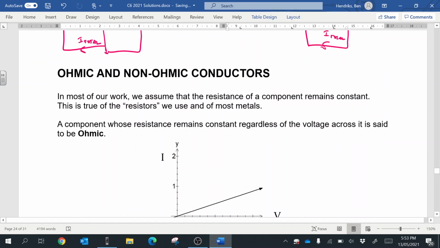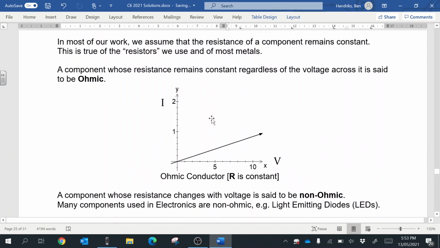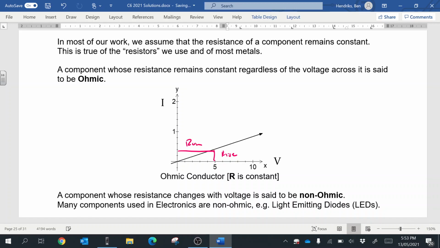Just quickly on ohmic or non-ohmic: what we have here is a graph of an ohmic conductor. The key is if you find the gradient, remembering we have rise there and run along there, in this case the rise will be equal to I and the run is equal to V. So if we take 1 over the gradient, that might be a bit of a different concept for you, but instead of rise over run, it's equal to run over rise, which is equal to V over I, and that's equal to the resistance.